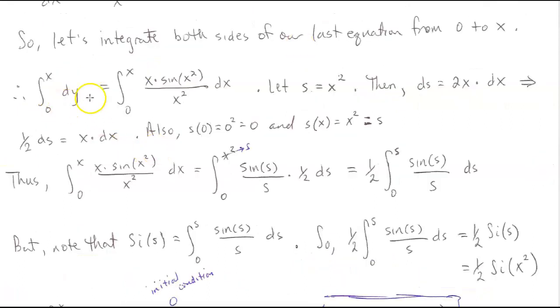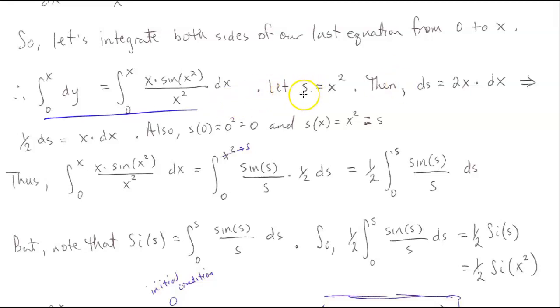All right, so now if we actually integrate both sides and do the definite integrals from 0 to x, then of course this is what we have. We know here we're going to let s equal x squared. I know earlier I did everything in terms of u, but that was only because we're used to seeing u substitution in terms of u. But we can also do it in terms of any variable.